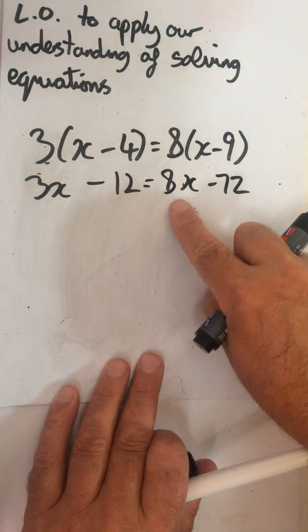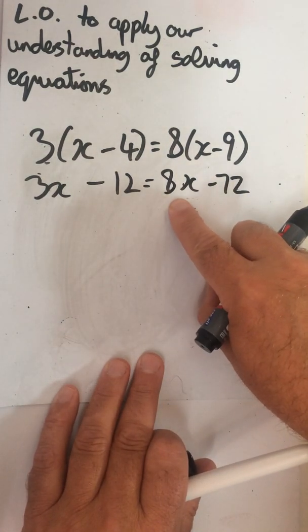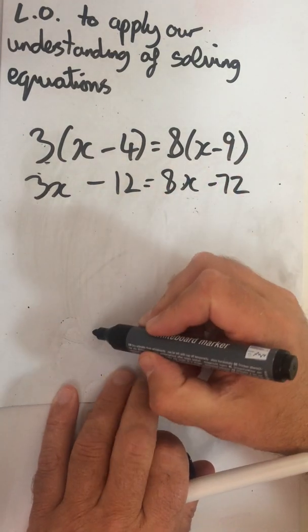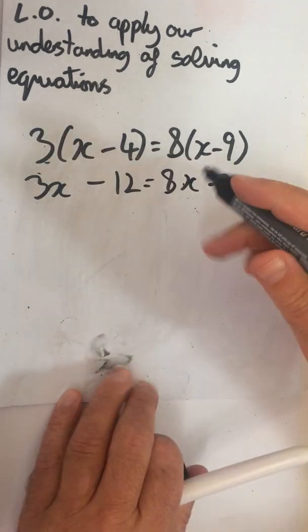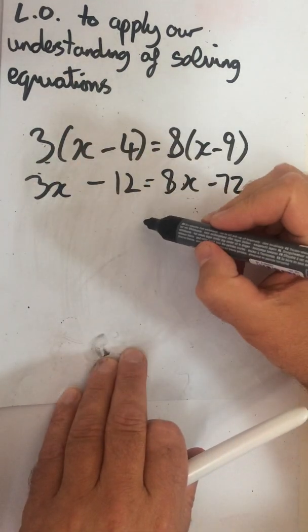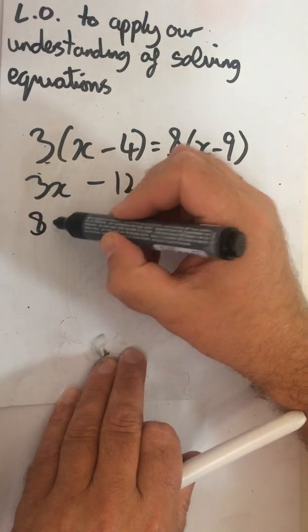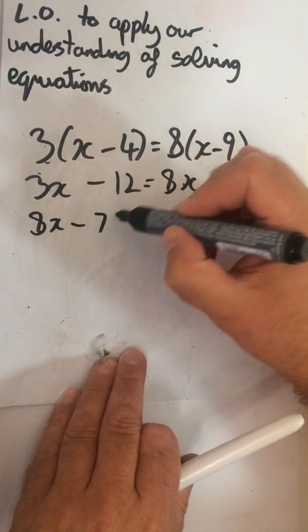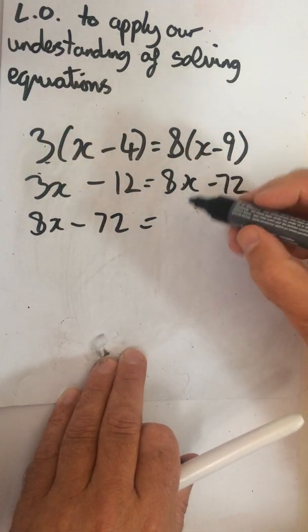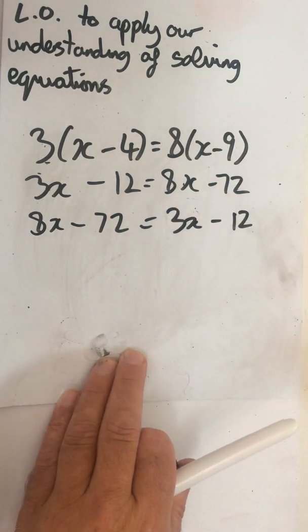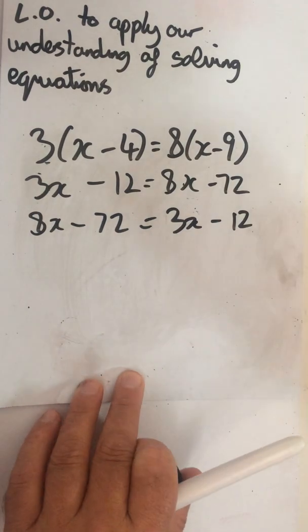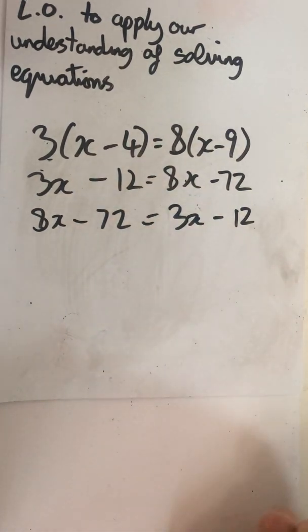Again, I can see my 8x on this side is my bigger value of x. So if I want to have just x on the left-hand side of my equation, what I need to do is swap the halves over. So on this side, 8x minus 72, I have to do the whole thing, remember, and on this side 3x minus 12.